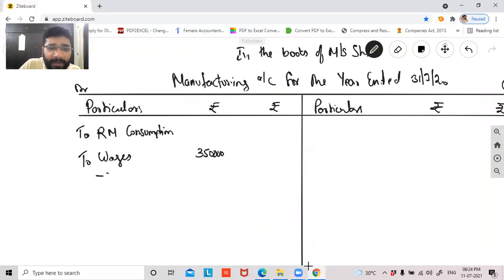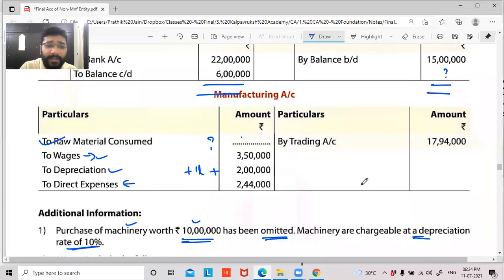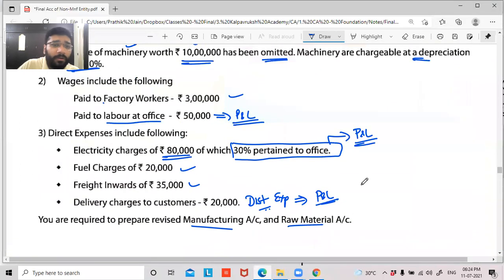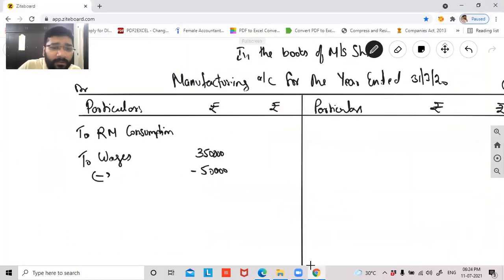But in that, you have to minus 50,000 worth of expenses that is pertaining to what? Labor at office. So minus office labor, which is 3,50,000 minus 50,000, guys. So your total wages at the factory level is 3 lakh rupees.